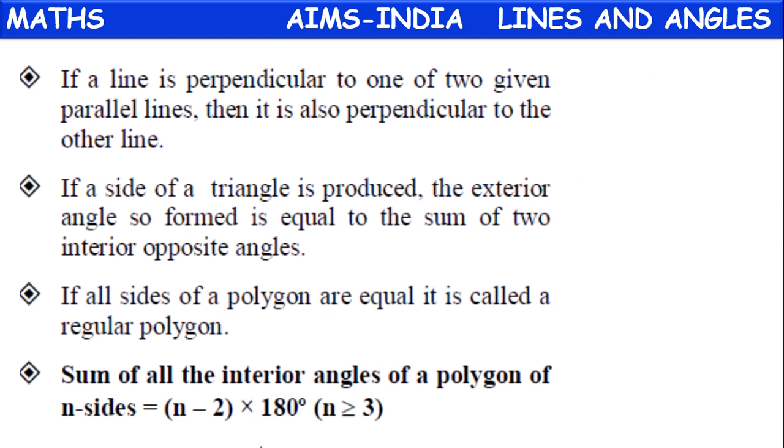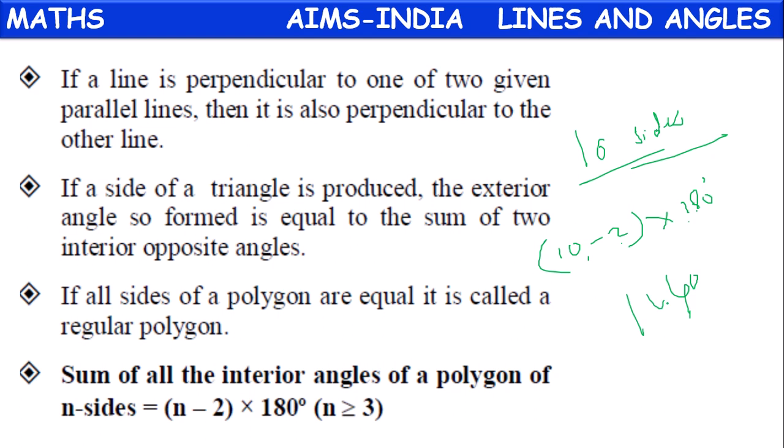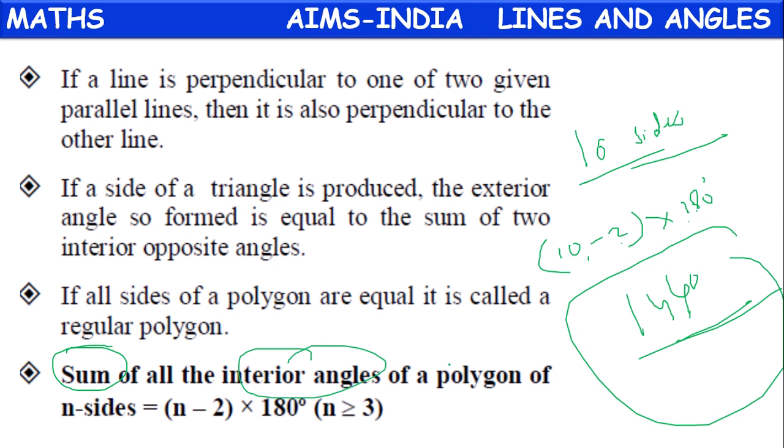Like that, if they ask what is the sum of the interior angles of a polygon which has 10 sides, then 10 minus 2 into 180. 10 minus 2 is 8, 8 into 180 is 1440. Like that, we can find the sum of interior angles of any polygon having 3 or more sides with the help of this formula.